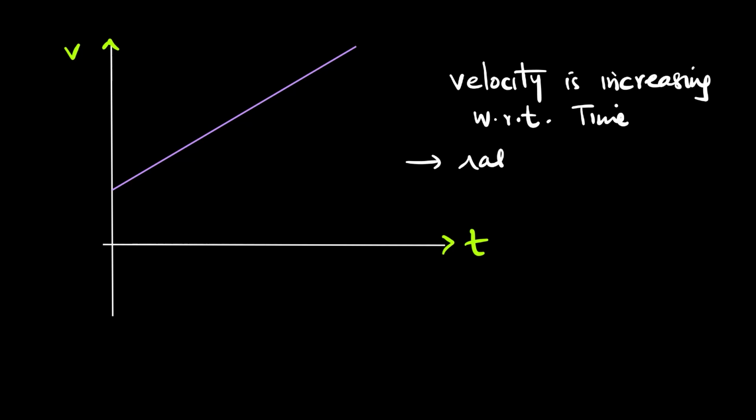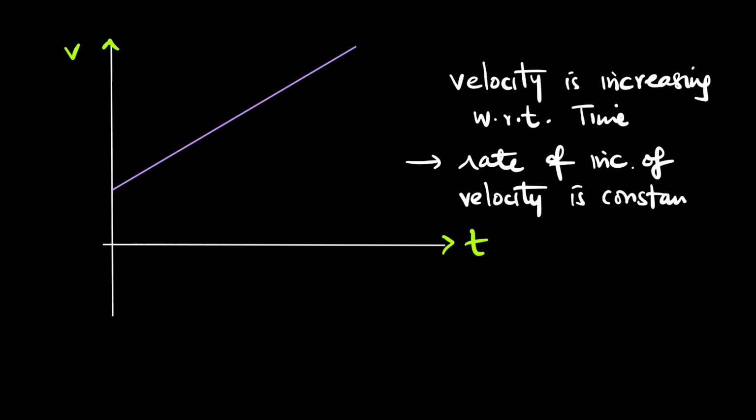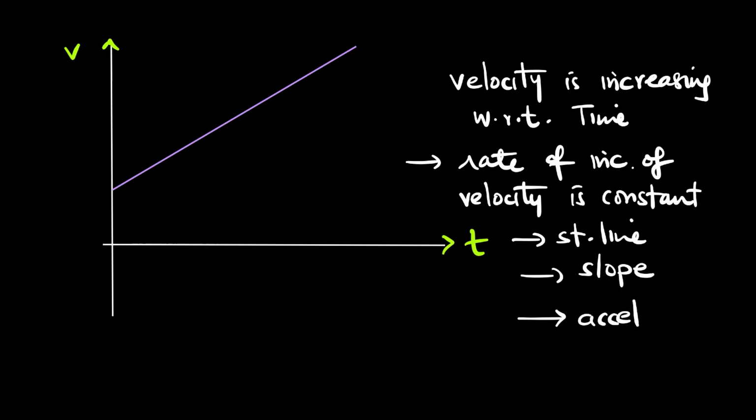And the rate of increase of velocity is constant. Why is it constant? Because it's a straight line. And in a straight line, the slope is constant. That means the acceleration is constant. We can also say that the velocity is increasing at a constant rate because the acceleration is constant.